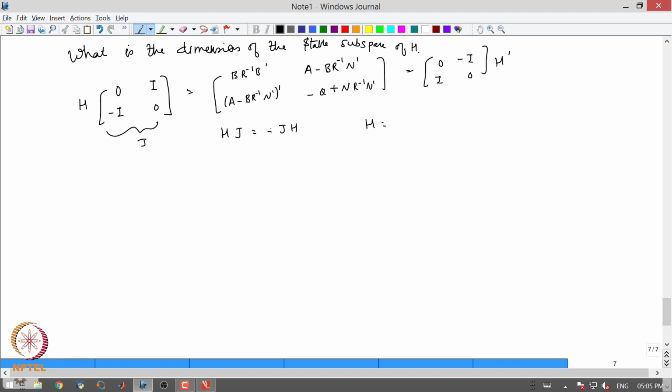So, H is minus J H transpose J inverse. Now, let us see what can we infer from this. What I know is that the characteristic equation is invariant under similarity transformations.